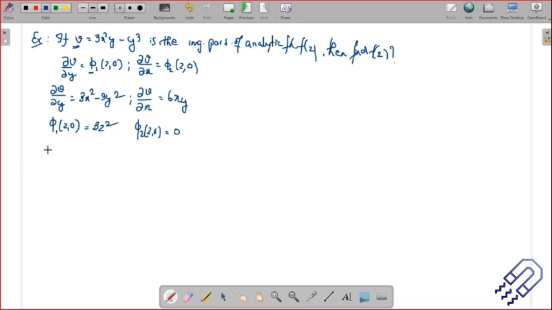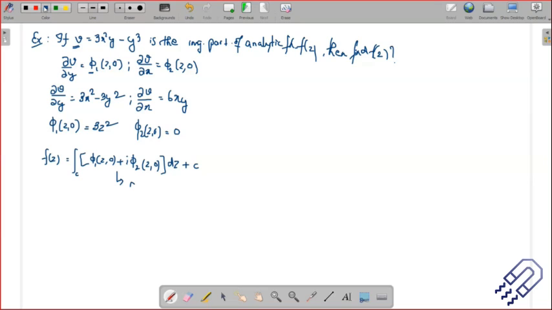So the formula that we are going to take is f(z) is equal to the integration of phi 1 (z, 0), and then if you have this phi 2, the answer should be in terms of plus, so it is plus i times phi 2 (z, 0), dz plus c. That's why I'm doing a problem with v, so that it becomes clear.